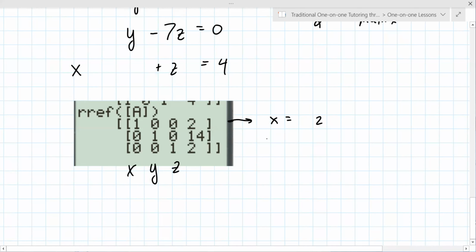The second one means Y equals 14. Z equals 2, okay? And if you get weird numbers over here on the right, check that you didn't enter a negative or miss a position. That's why I printed out the matrix above it, just to make sure it was exactly what I thought it was.